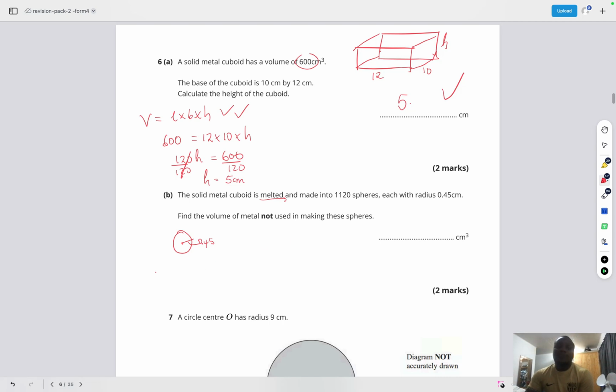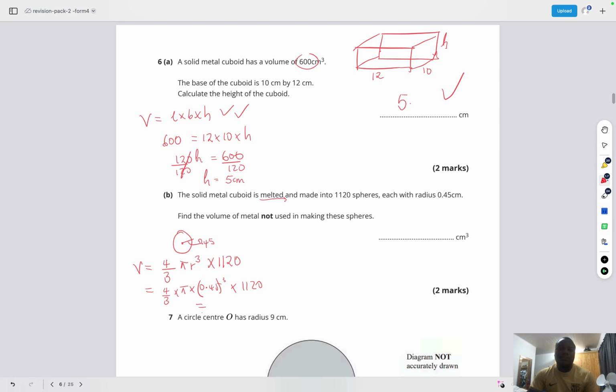So what we need to know first is the formula for the volume of one sphere, which is 4/3 pi r cubed. We find the volume of one sphere, then multiply the answer by how many spheres we've made, which is 1120. So we calculate 4/3 times pi times 0.45 cubed, times 1120, to know the total volume that was made.